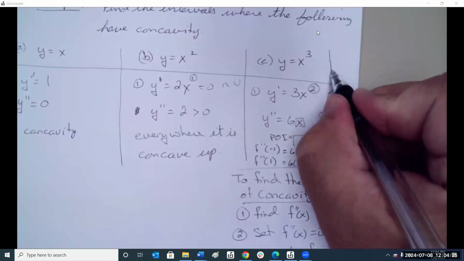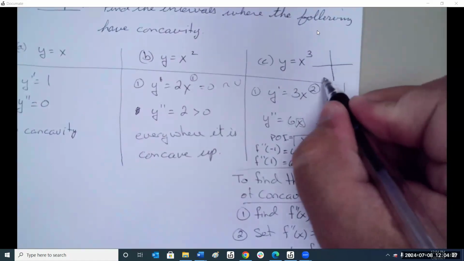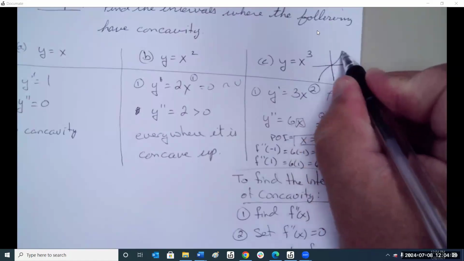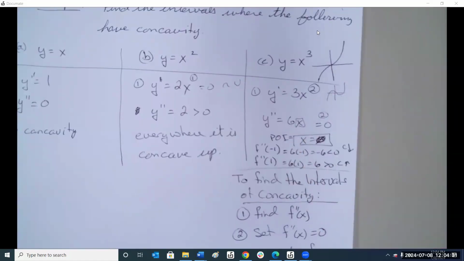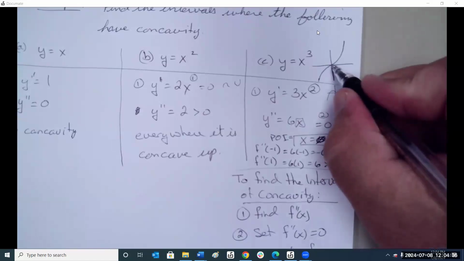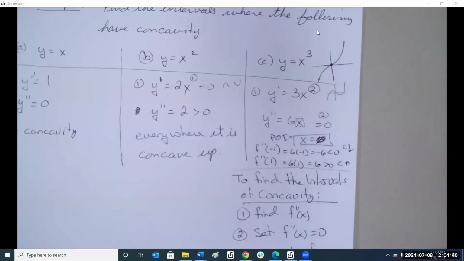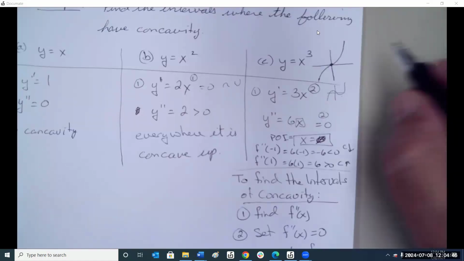So what this graph really looks like is like this. The actual point of inflection occurs where? At the origin.